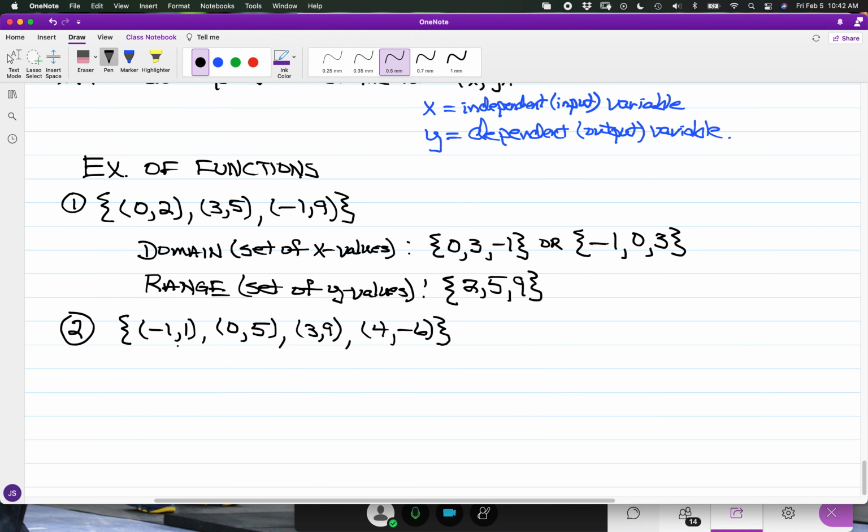You have the x values: -1 is paired up only with 1, and 0 is paired up only with 5. The next x value, 3, is paired up only with 9. And then the last of the x values, 4, is paired up only with -6. So in the case of the domain, just lining up the x values, we have -1, 0, 3, and 4.